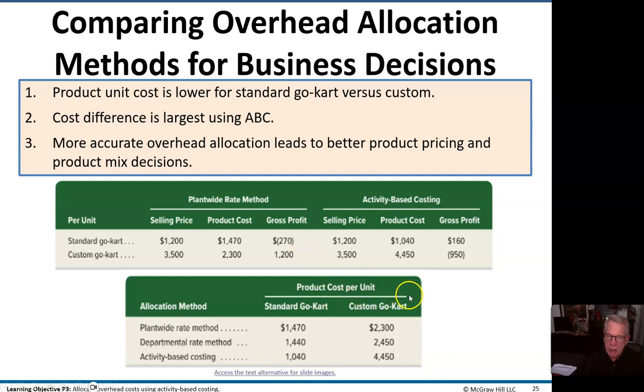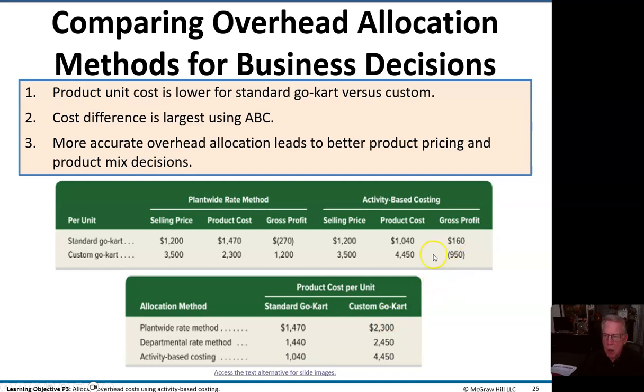But using activity-based costing, the reverse is true. The selling price of $1,200 for the standard go-kart generates $160 of gross profit because the product cost is $1,040, shown here.